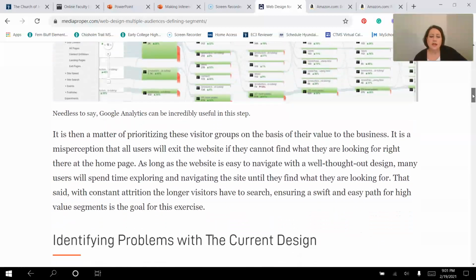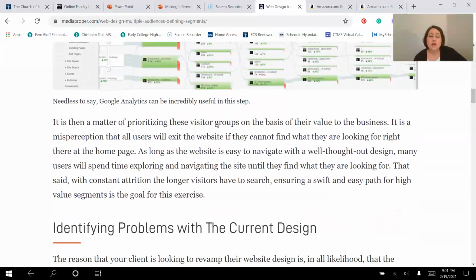They say it's a matter of prioritizing these visitor groups on the basis of their value to the business. So that's something new that I have learned that I didn't know before. Instead I was thinking of one way, and here's a new way to look at it. So that's going to help me when I draw some conclusions.